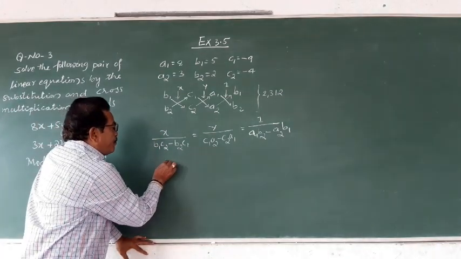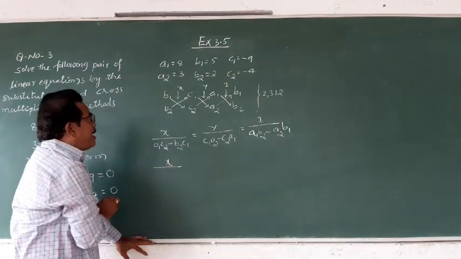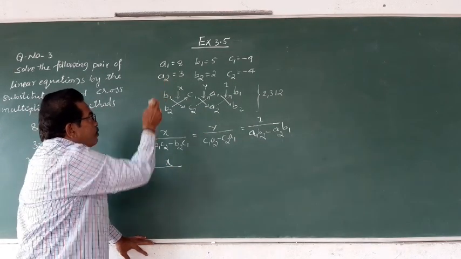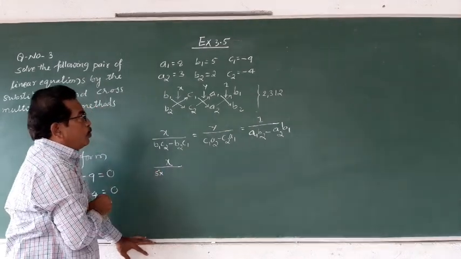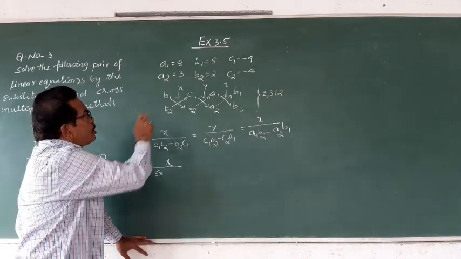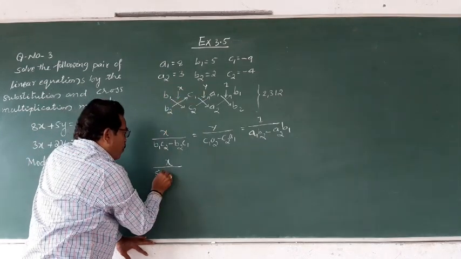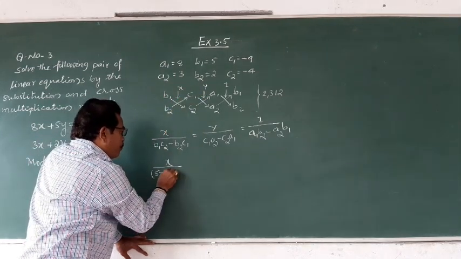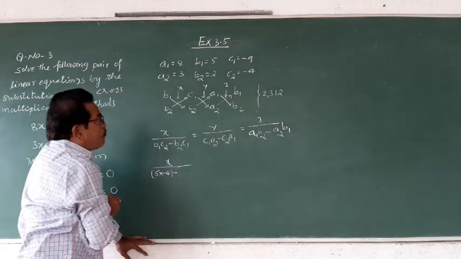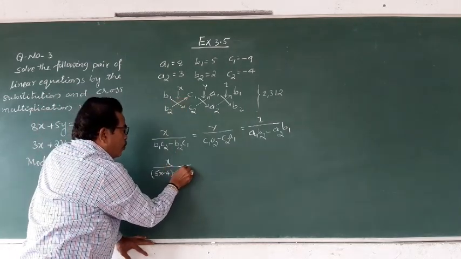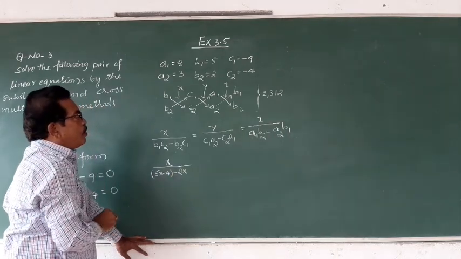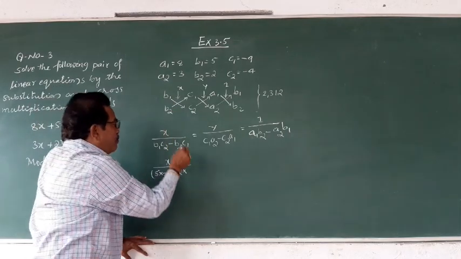X divided by B1, see which one is B1? 5, into C2, observe the C2, minus 4, minus of B2, see 2, into C1, that is minus 9.